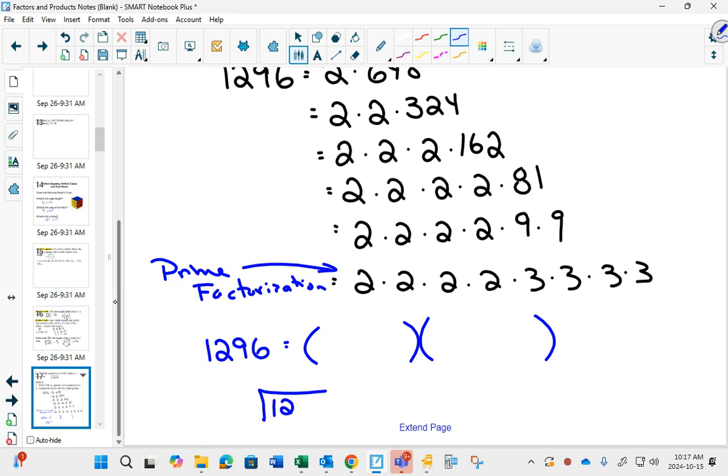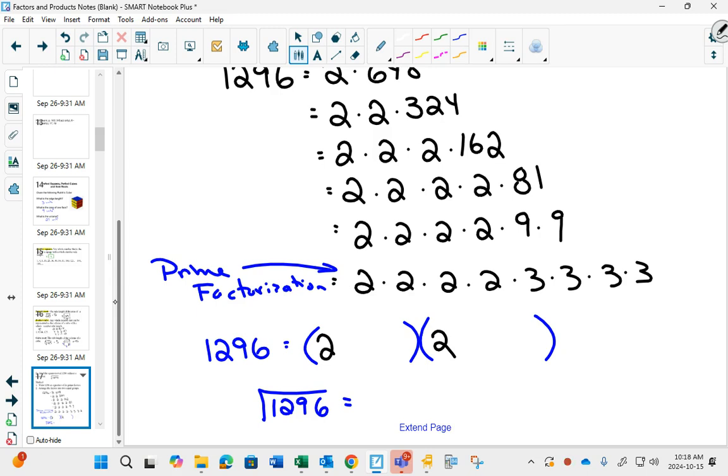So if I want to do the square root of 1296, it would be one of those. When we do our prime factorization, the question becomes, can I split that up evenly so I have the same number in each bracket? In other words, if I put a 2 in this one, I'd have to put a 2 in this one in order to keep them equal.